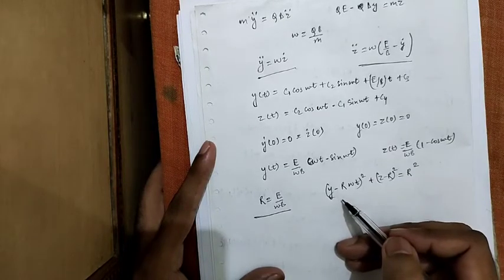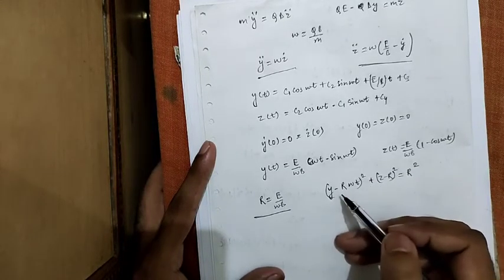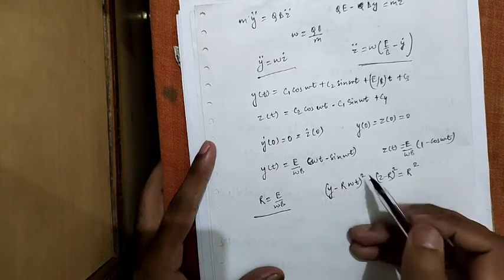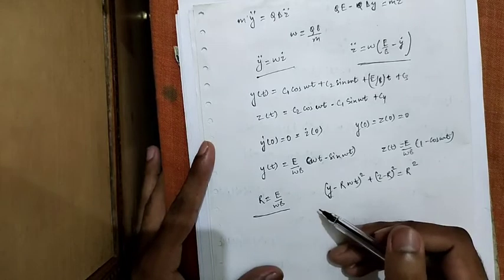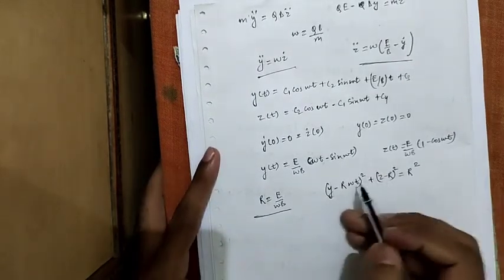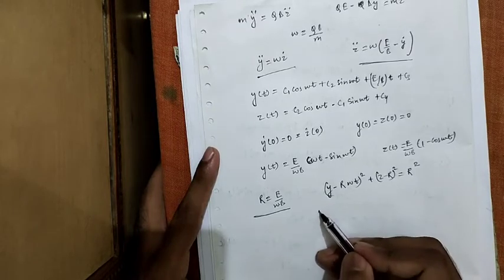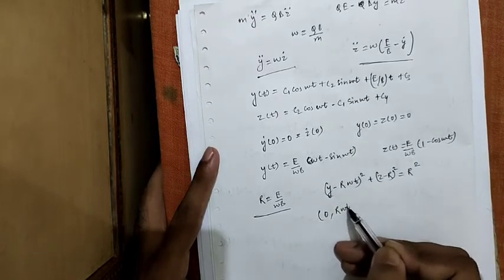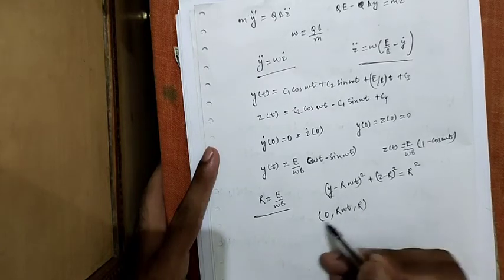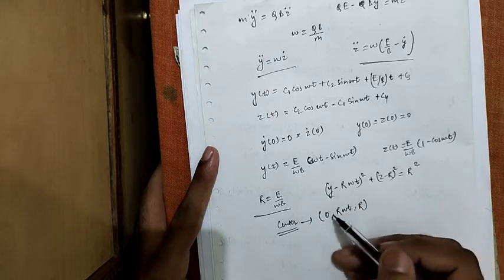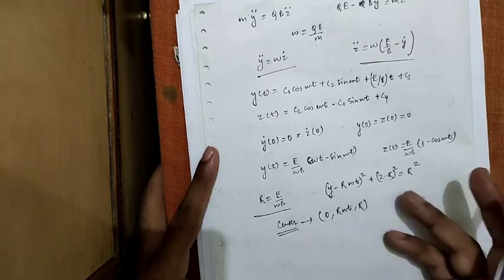Here r is the radius of that semicircle formed in the diagram, whose center along the x-axis is 0, along the y-axis is r omega t, and along the z-axis is r, and its center is moving along the y direction with a constant speed.